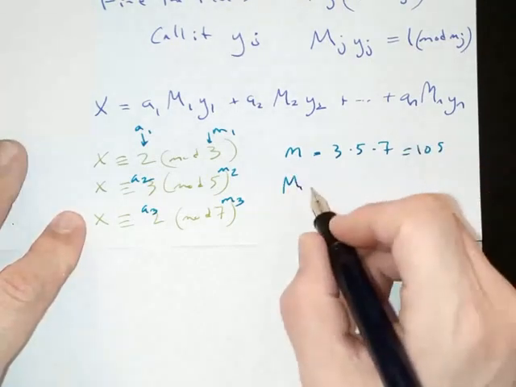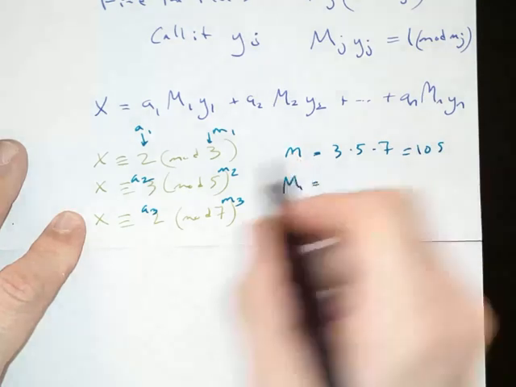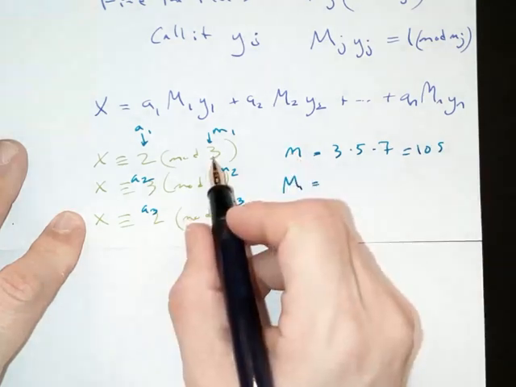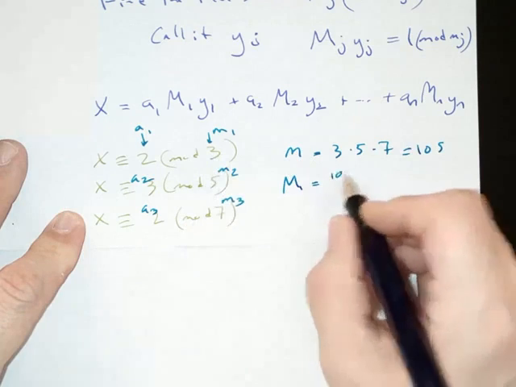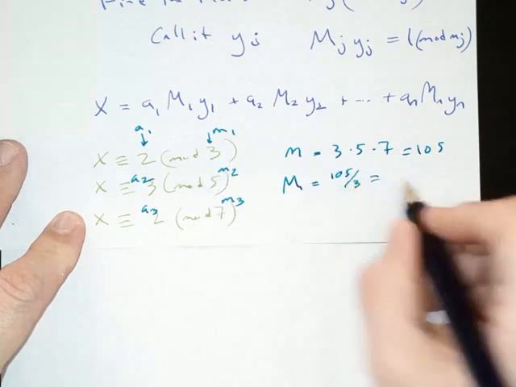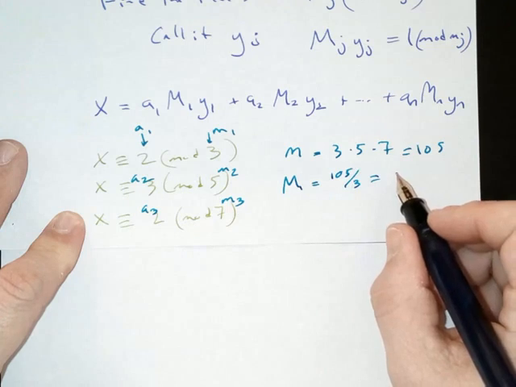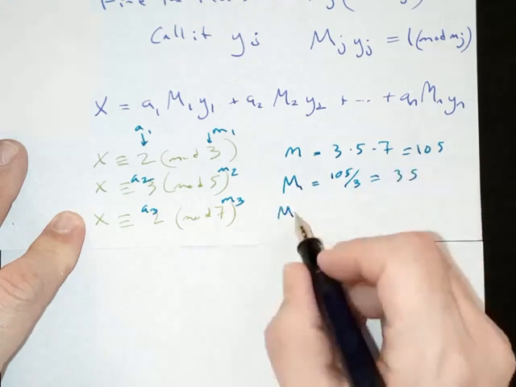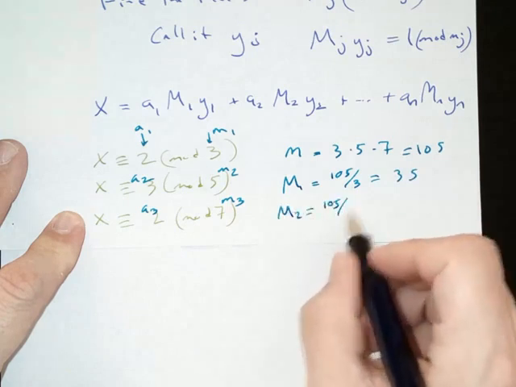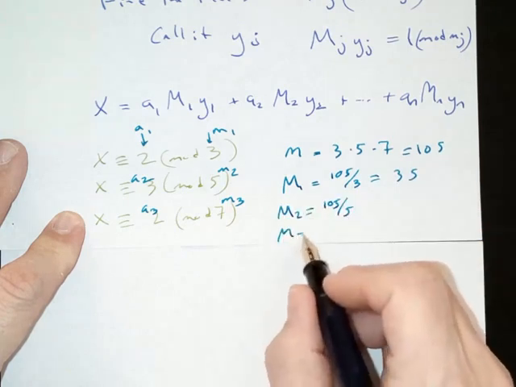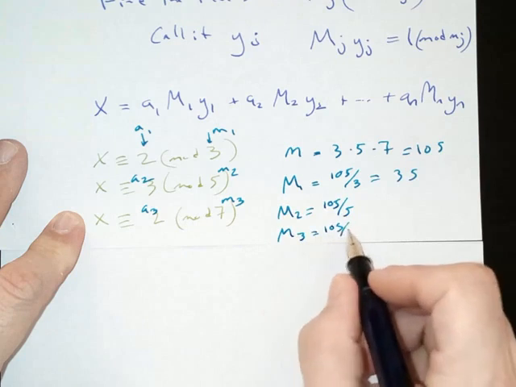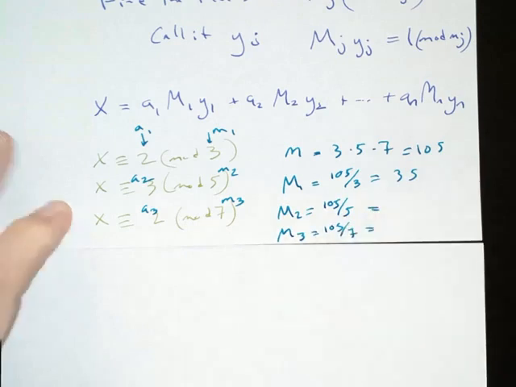And then capital M1 is this number divided by this number. 105 over 3 is... capital M2 is 105 over 5, and capital M3 is 105 over 7. Give me those numbers as well.